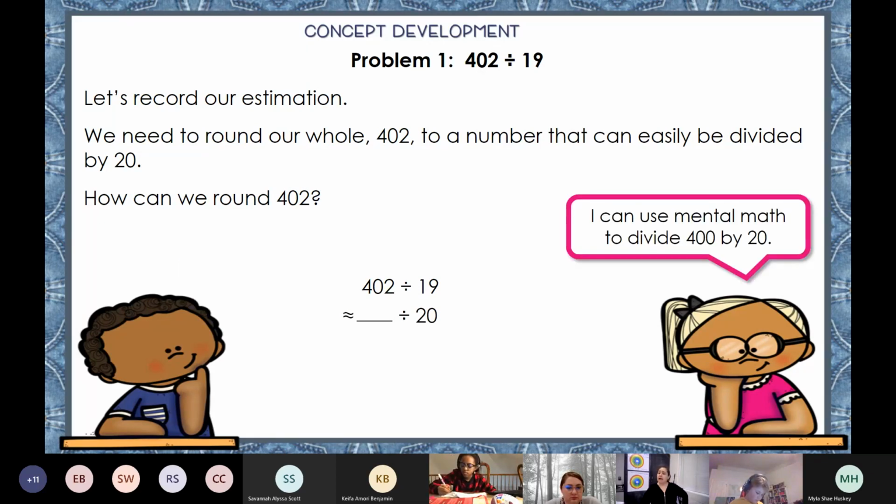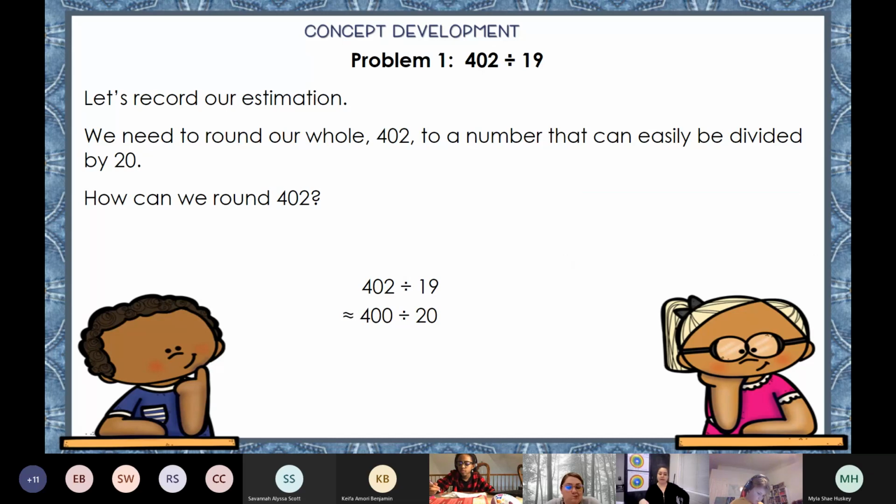And I can use mental math to divide 400 by 20, right? How would we solve this problem mentally? We would say 4 divided by 2. How many times does 2 go into 4?